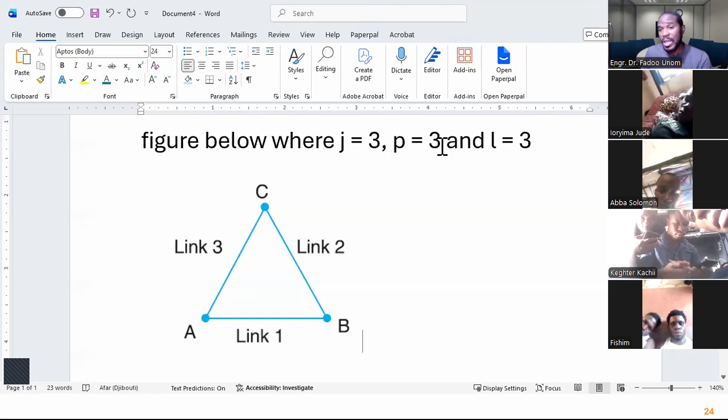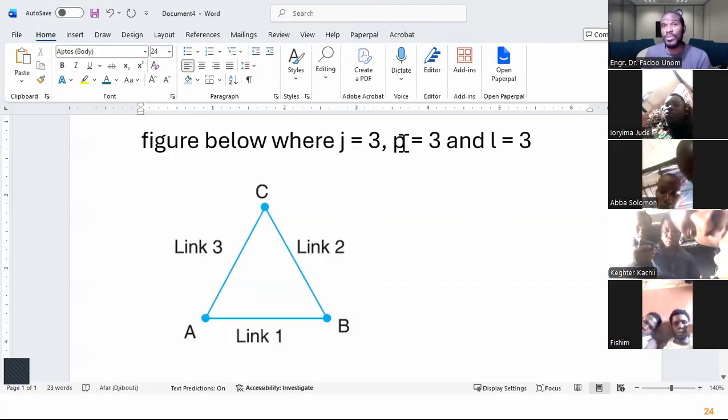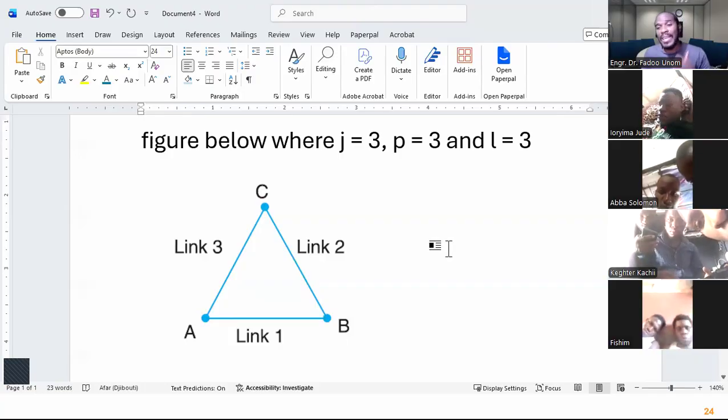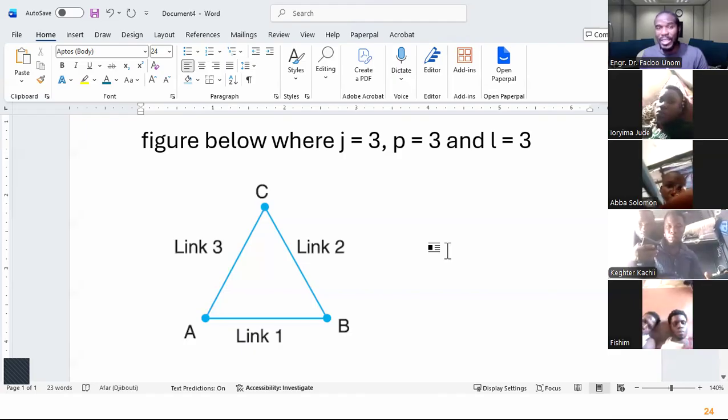There are 3 lower pairs. Looking at binary joints, this joint has 2 links connected to it. That's one binary joint, this is another, and this is another. So there are 3, 3, and 3. The question is: is this a locked chain, a kinematic chain, or a non-kinematic chain?